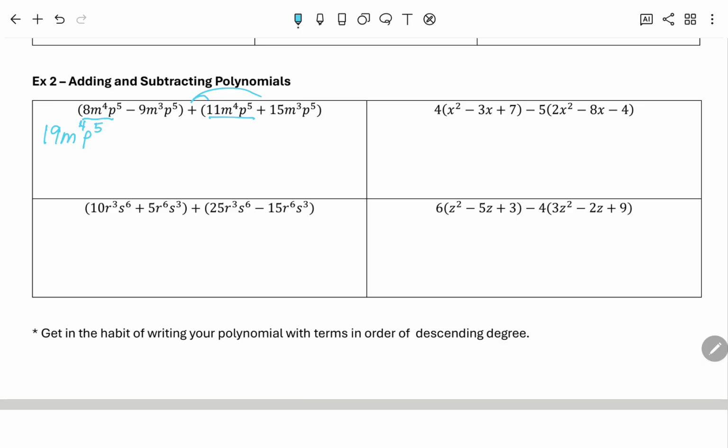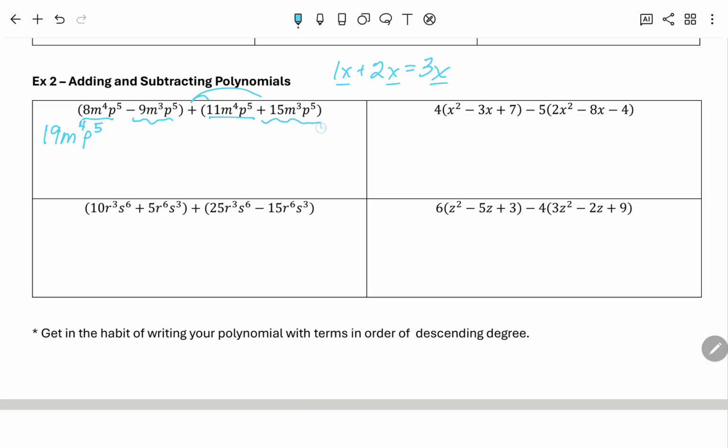Remember, it's like saying 1x plus 2x equals 3x. Let's write that there. 1x plus 2x, we know it gives us 3x. So that x is just tagging along. It's only the coefficients that are adding together. And then let's see, this second term has an m cubed p to the 5th, and so does this one.